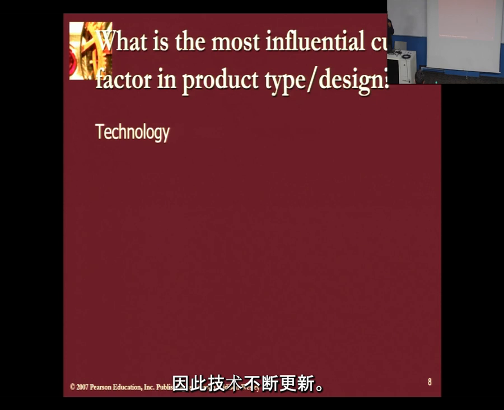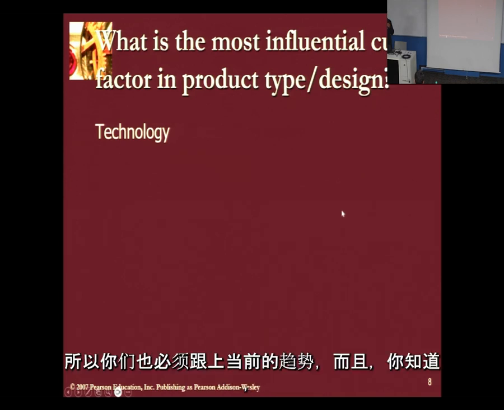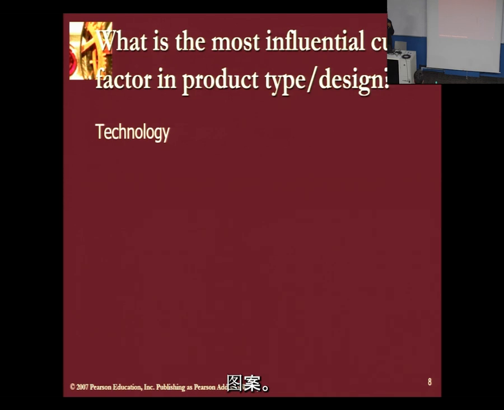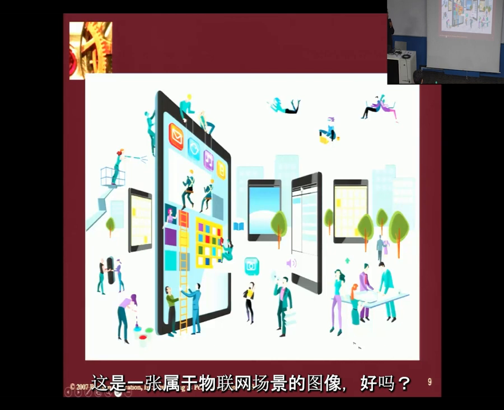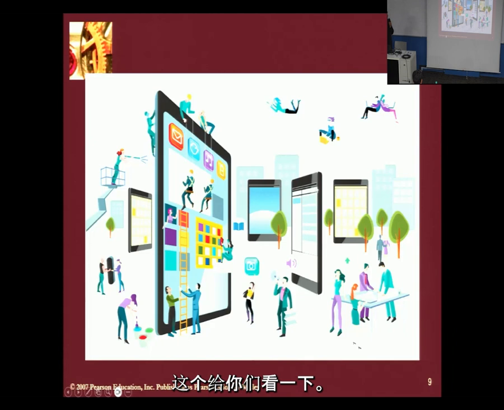Technology keeps on updating, so you must be updating yourself also with the current trends and patterns. Here is an image of an Internet of Things kind of scenario, just for you to have a look.